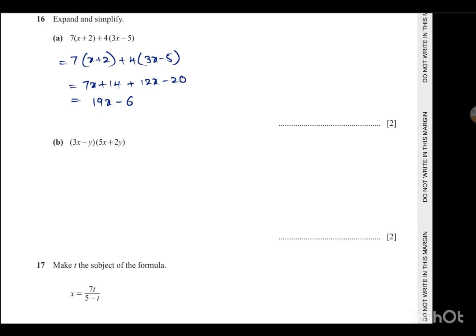So this is the answer. This is the simplified expression for the given question.